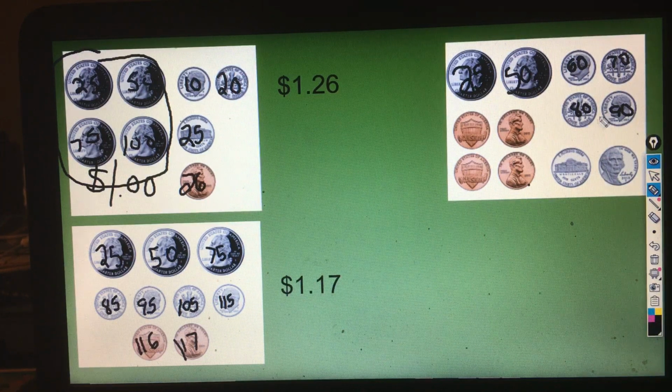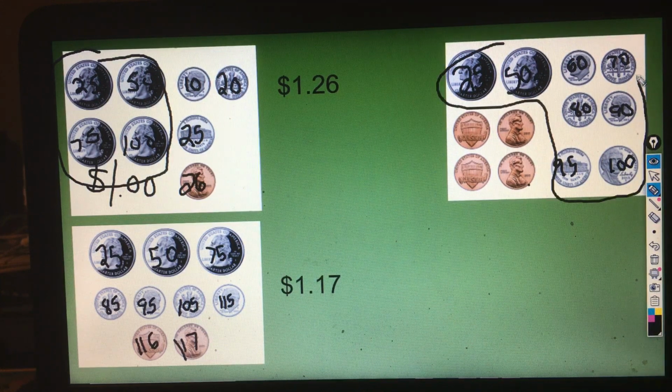And now we've got the dimes counted. We're on to the 2 nickels, which now changes us to counting by 5. 90 and 5 would be 95, and 95 and 5 would be 100. So now we have $1.